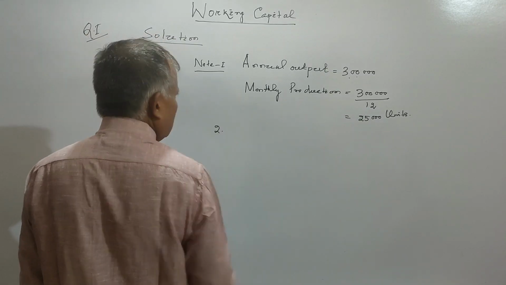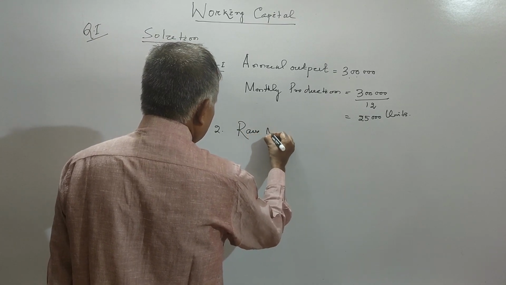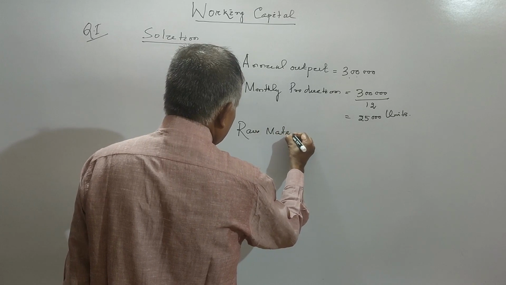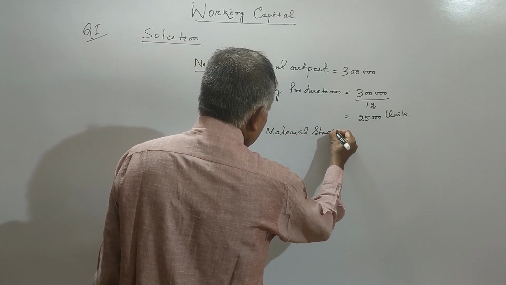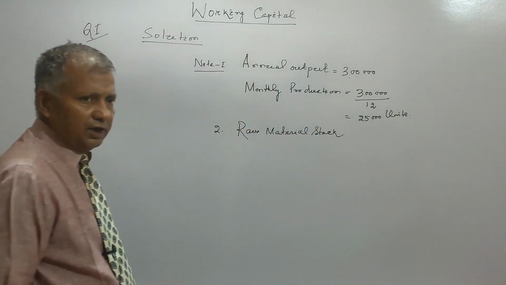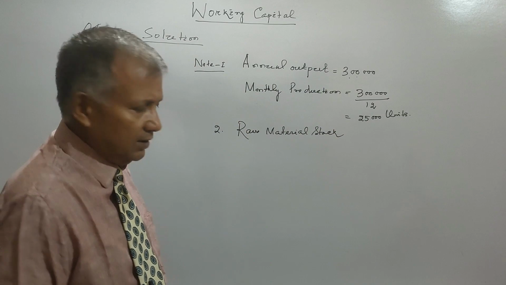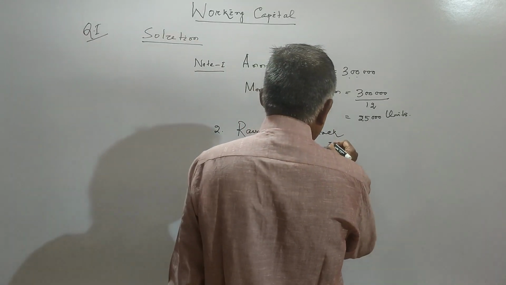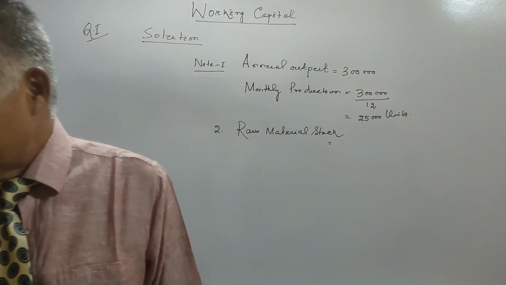This is note 2, your raw material stock, or you can say inventory of raw material. How much is the inventory of raw material? That is 2 months stock.